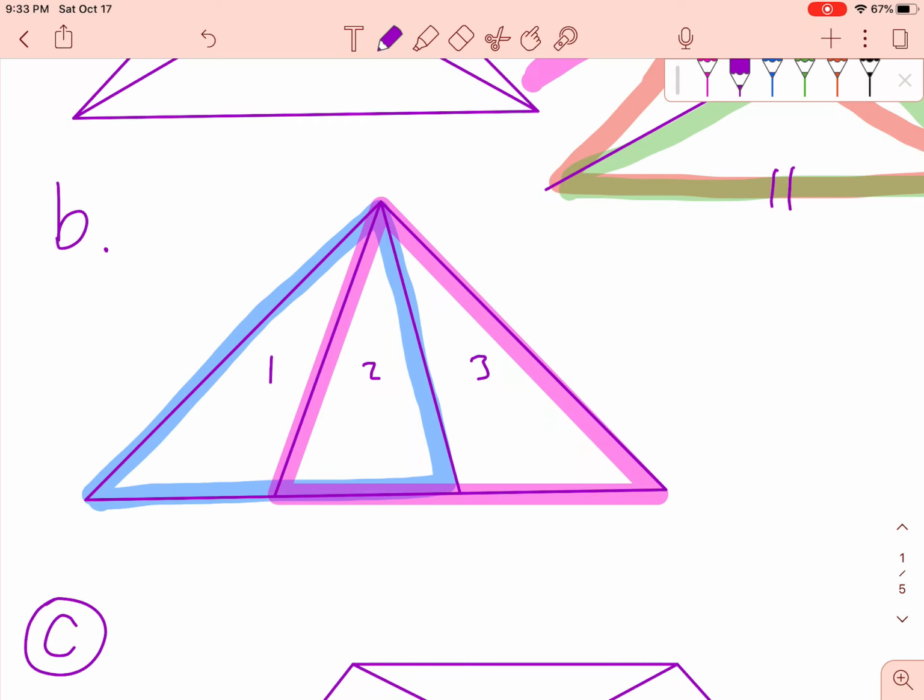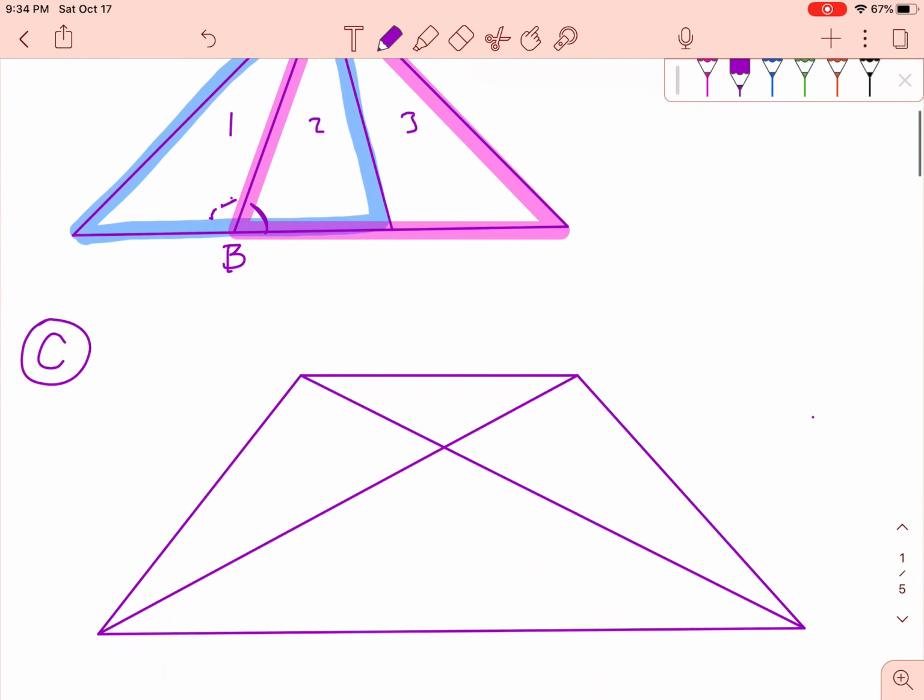Be careful when you're naming your angles. For example, if this is a B down here, you cannot call this angle B because there are actually 2 angle Bs. There's one in triangle 1 and one in triangle 2. So you have to name the angle using three letters. I recommend you guys redrawing the picture with them pulled apart if those are the triangles you have to choose.